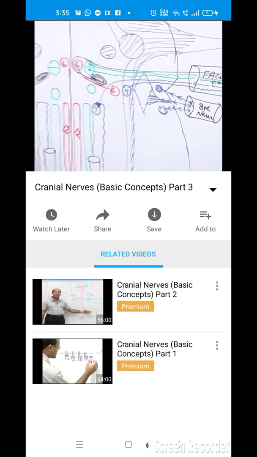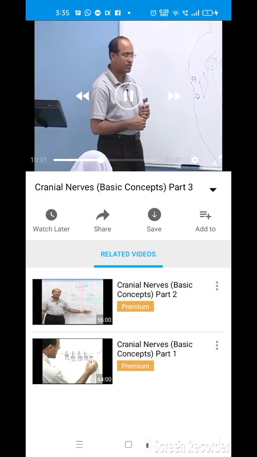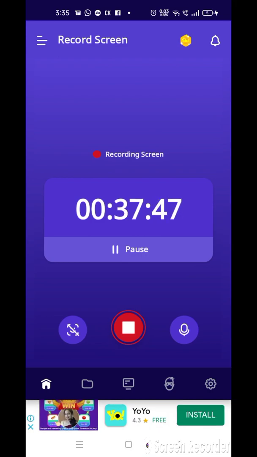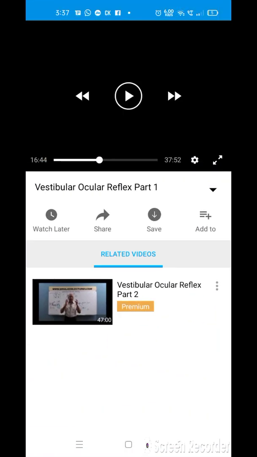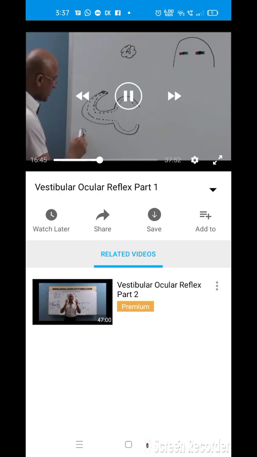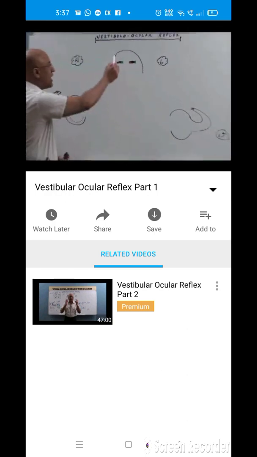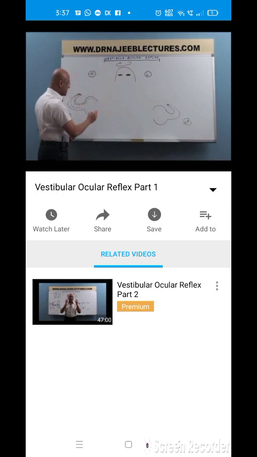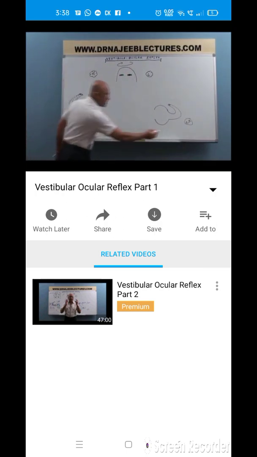Now we are left with which nerve? Ninth nerve. Right? Semicircular canal, and this is left semicircular canal. While I rotate my head rightward, rotate like this, it means the rotation is going in this direction, and here this is rotation in that direction.